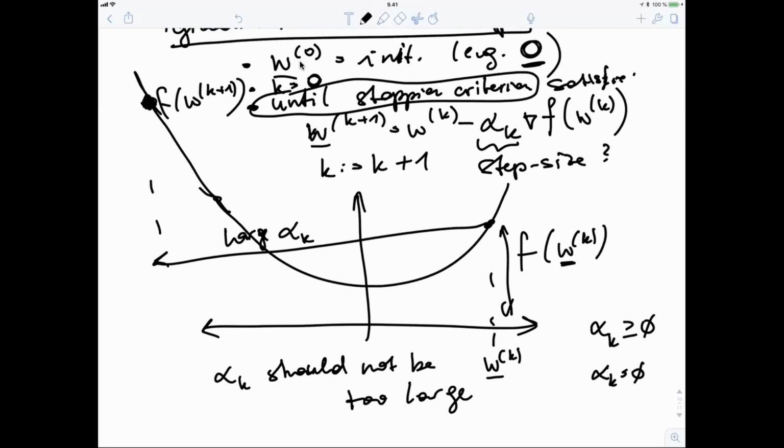No. Why not? Why would setting alpha K, the step size, to 0 not be a useful choice?